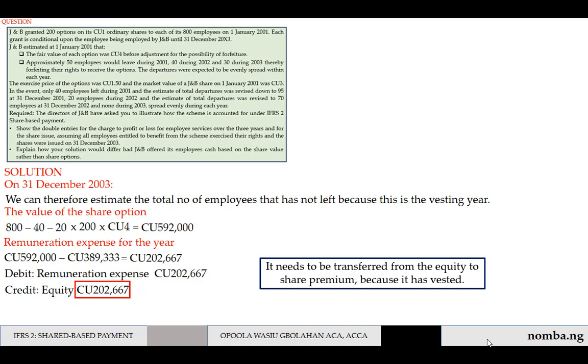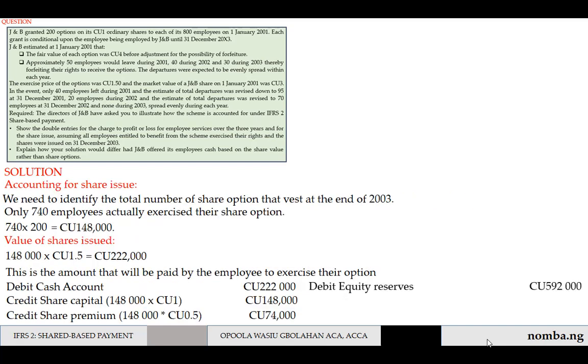So we don't need to still be carrying that equity in the books. So we're going to debit equity reserves with 592,000 to remove it from our books, and credit share premium with 592,000. And that is how you account for that transaction.